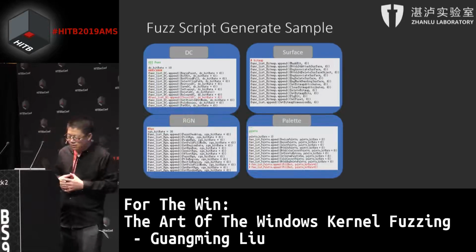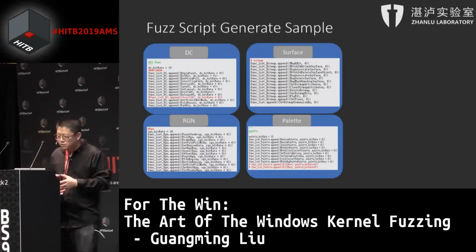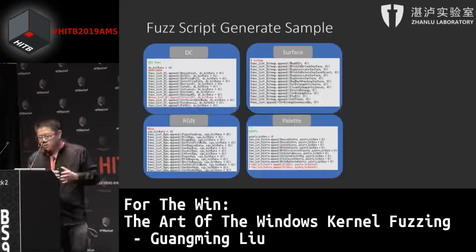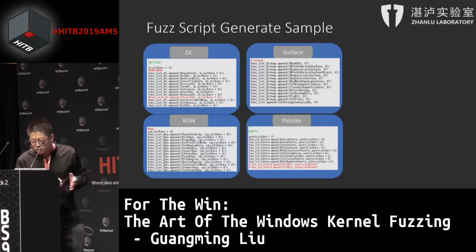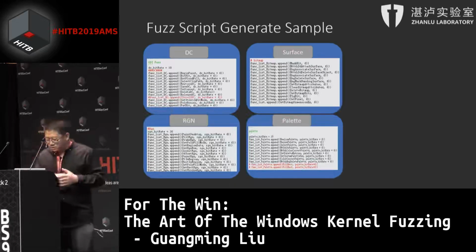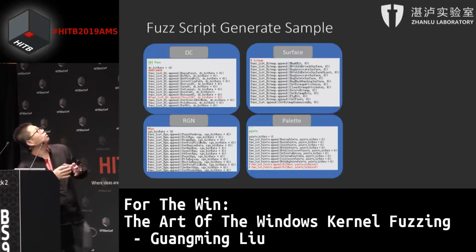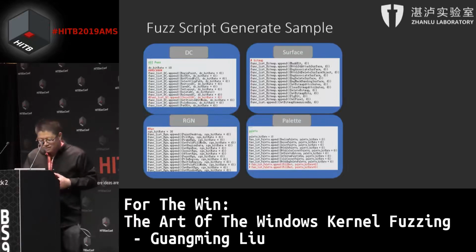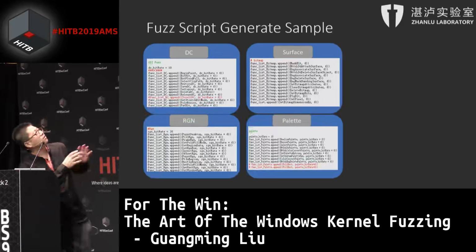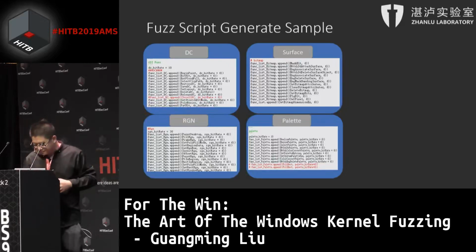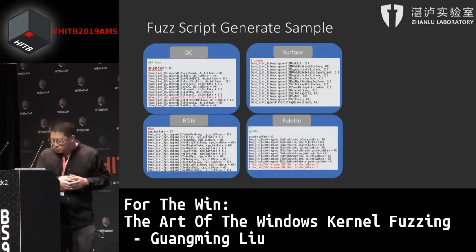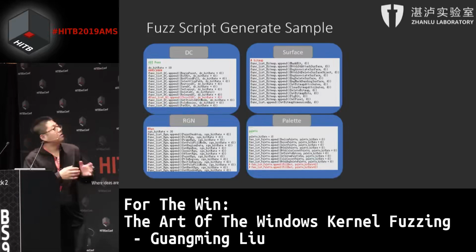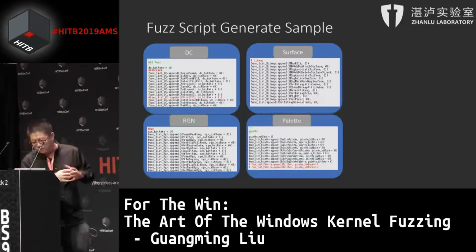So when you want to fuzz DC, at first you should collect all the operations associated with the DC object and save them to a Python array, just like the other objects. So you can call them randomly and pick any function from the array.